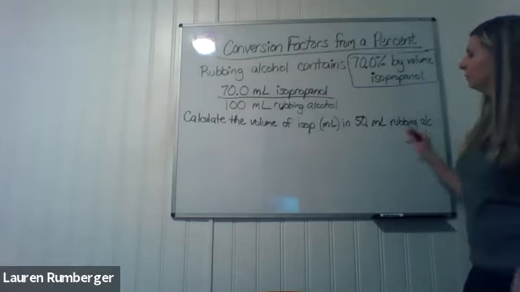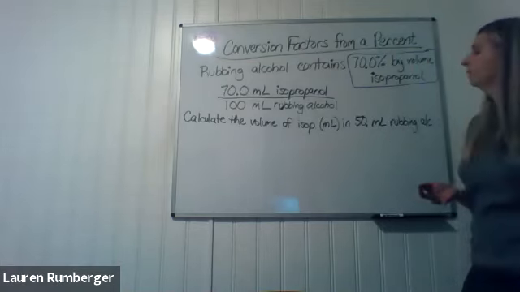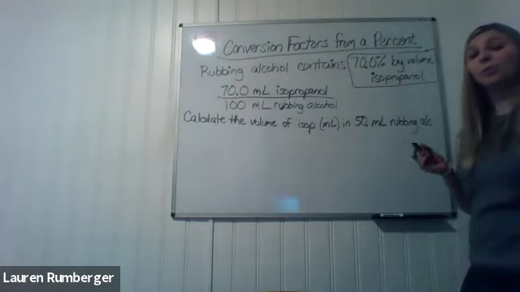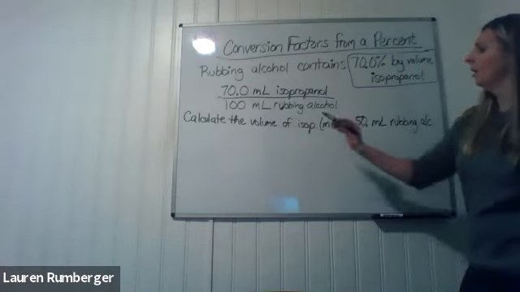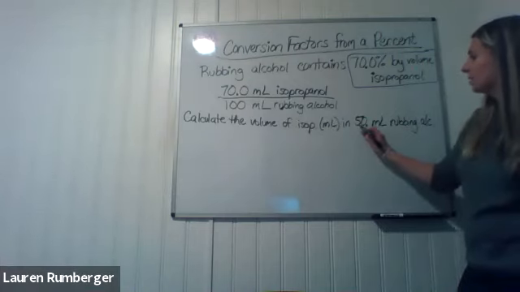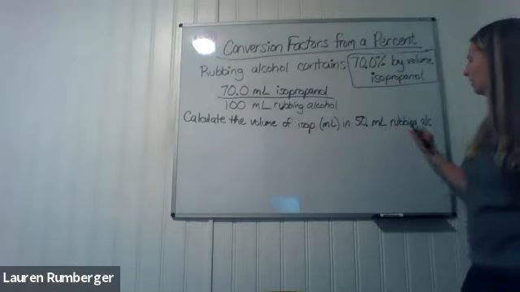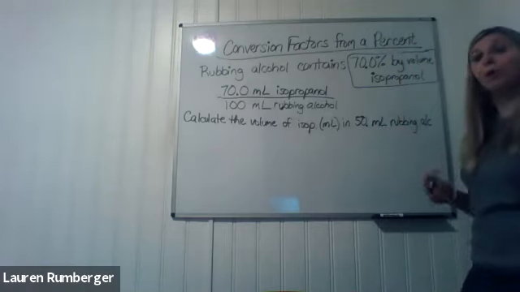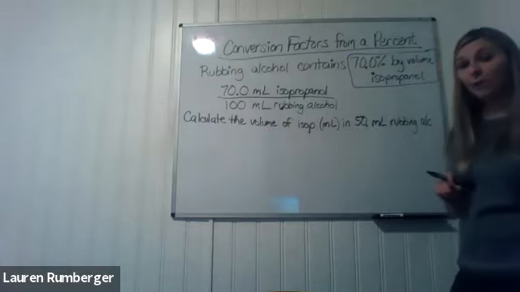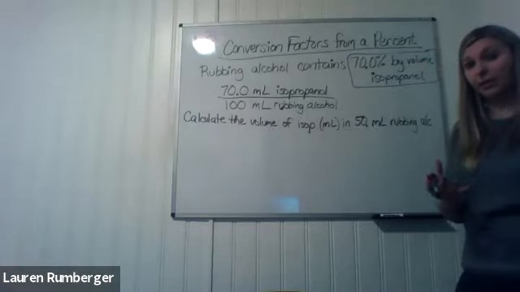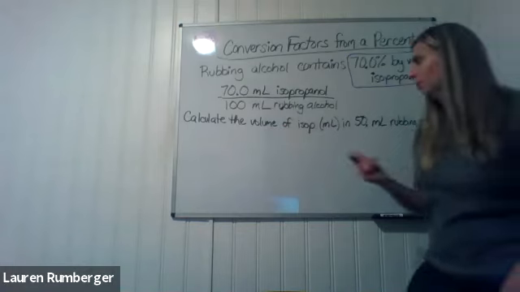So the problem here is a word problem. You need to recognize what is the given value in this problem. The given value states that we have 50 milliliters of rubbing alcohol. The question is asking us the volume of isopropanol within that quantity of rubbing alcohol.